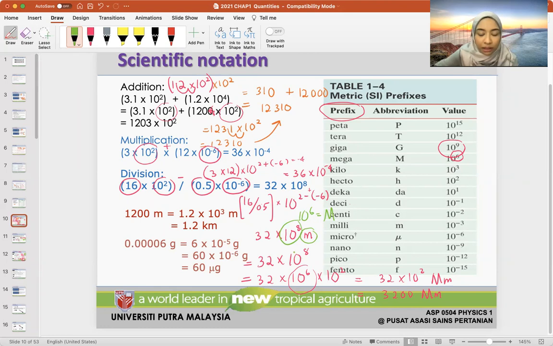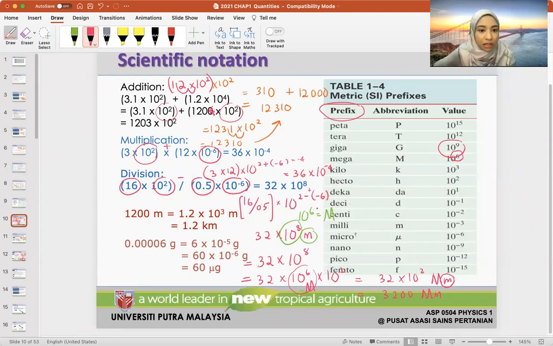How did I do that? 10 to the 8, I split into 10 to the 6 and 10 to the 2. 10 to the 6 is already mega. So 32 times 10 to the 2 is 3200. Mega is already there. What remains is meter, which is the unit that was given earlier.